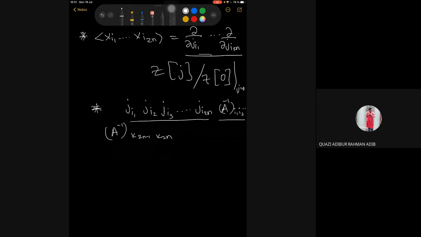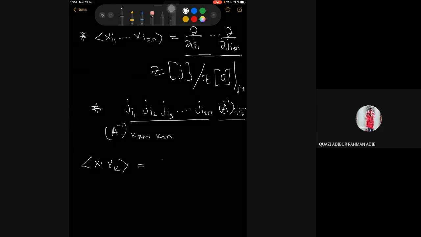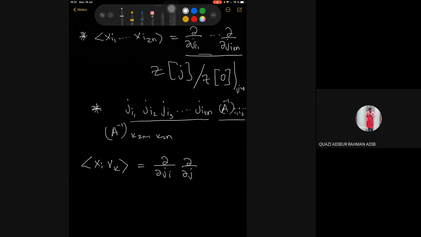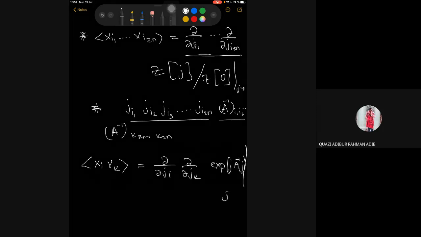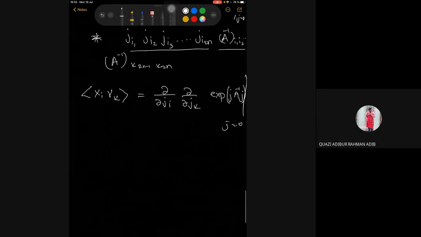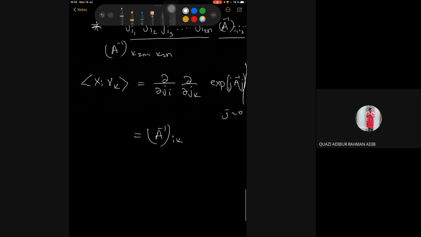We talked about this, that if you're trying to do this x_i x_k, that is, take derivatives with respect to j_i and j_k, and set j equal to 0, you get this, which basically says the probability.